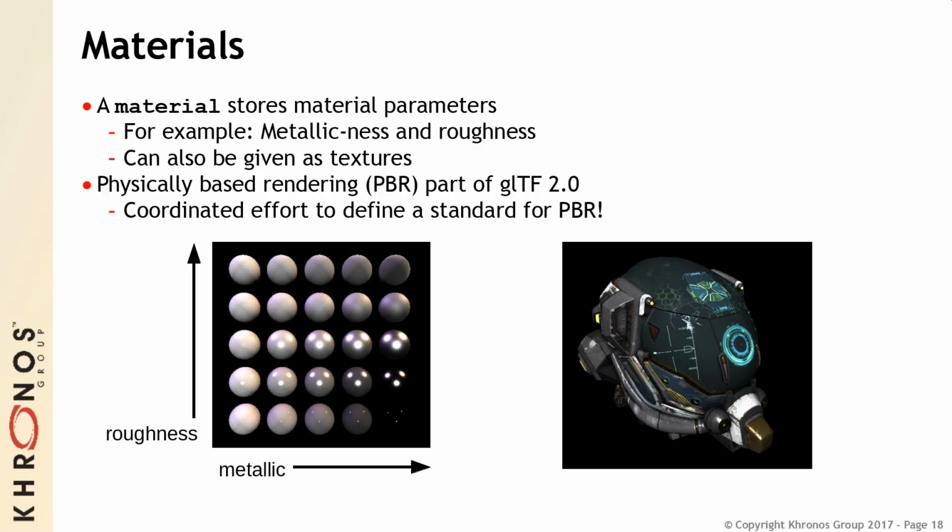In the example, you see some spheres that are rendered with different parameters. And these parameters in this example are the metallicness and the roughness. This is based on a physically based material description, and this physically based rendering will be part of glTF 2.0.